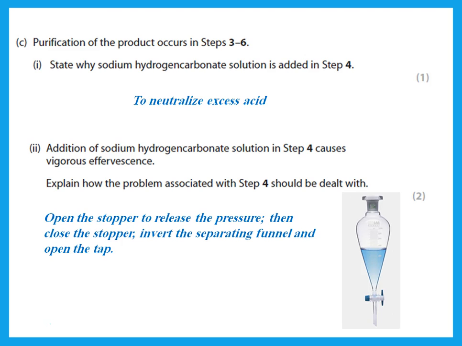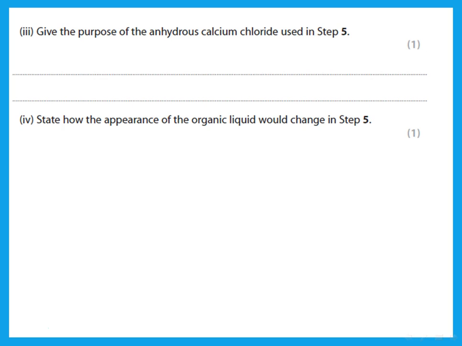And then I close the stopper, invert the funnel, and open the tap so that it gives out gas from the other side of the solution. This helps to remove any excess gases that build up inside the solution that would cause an increase in pressure.